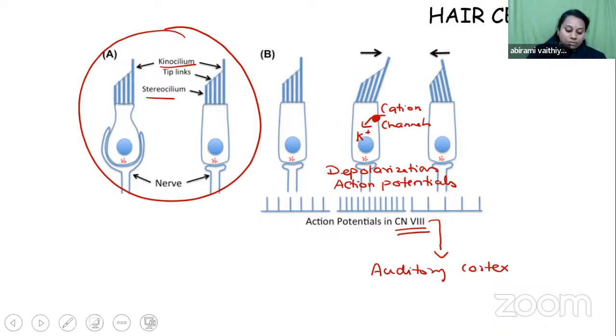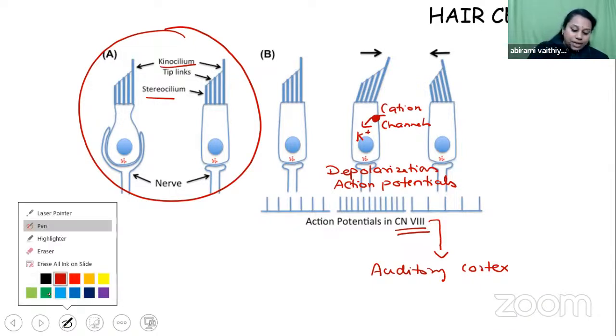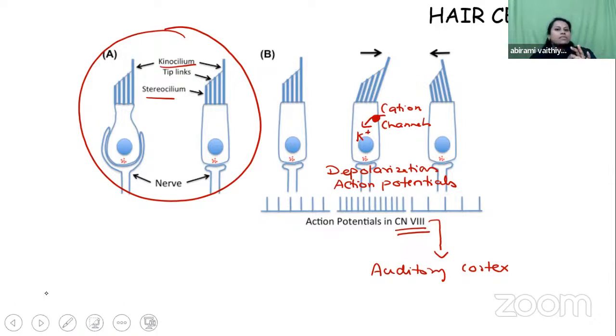One important point here is the depolarization caused. Elsewhere in the body, sodium influx causes depolarization. But this is the only exception in the body where potassium entering inside causes depolarization.